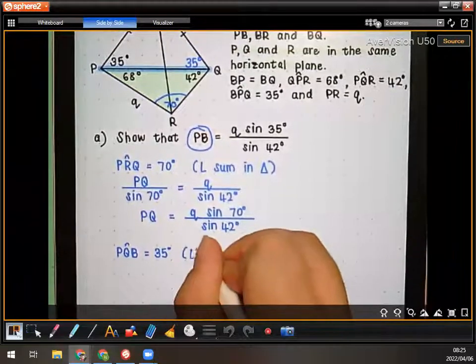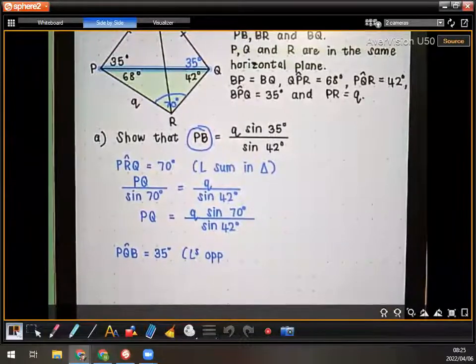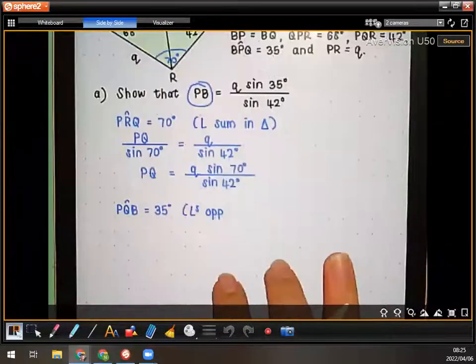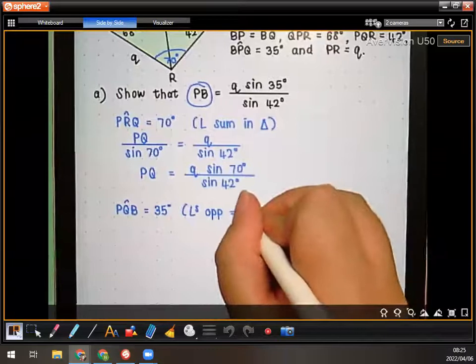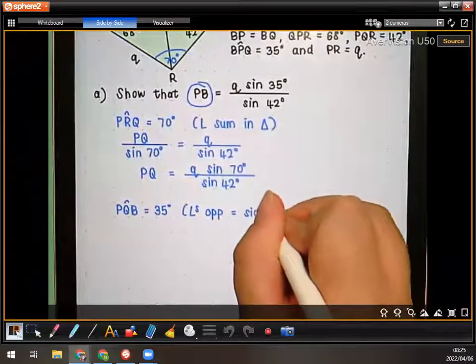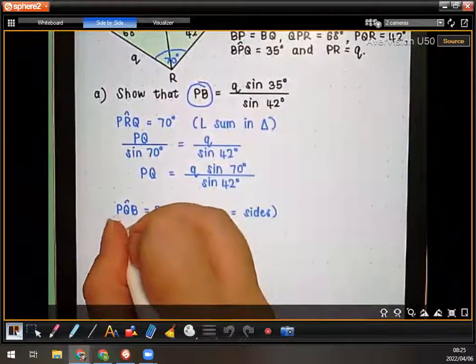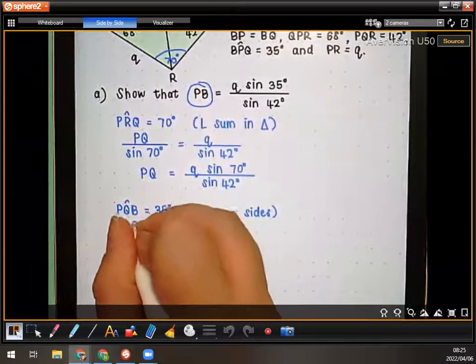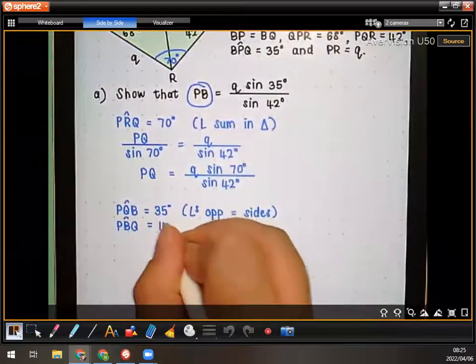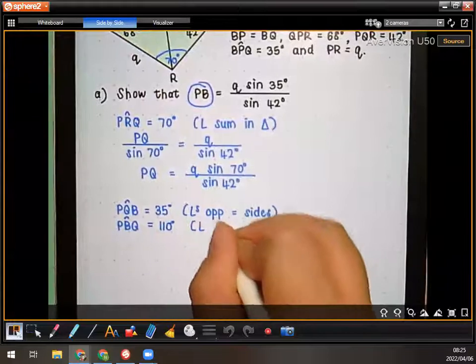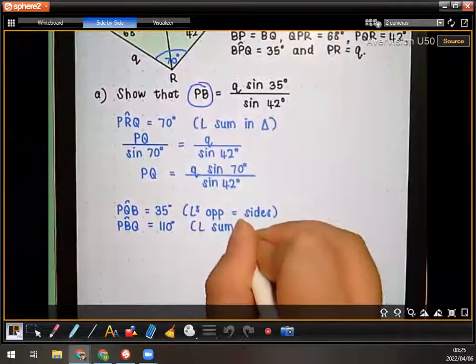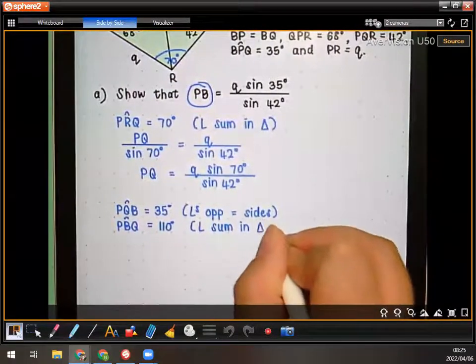So the 35-degree angle was because it's an isosceles triangle, but remember we need to say angles opposite equal sides. And then the other angle, PBQ, was 110, and that was angle sum in triangle.